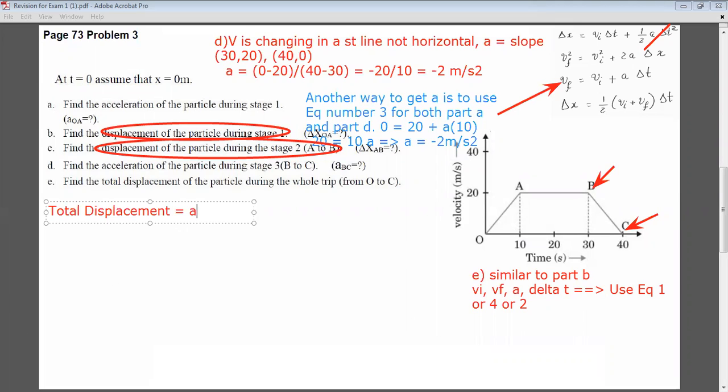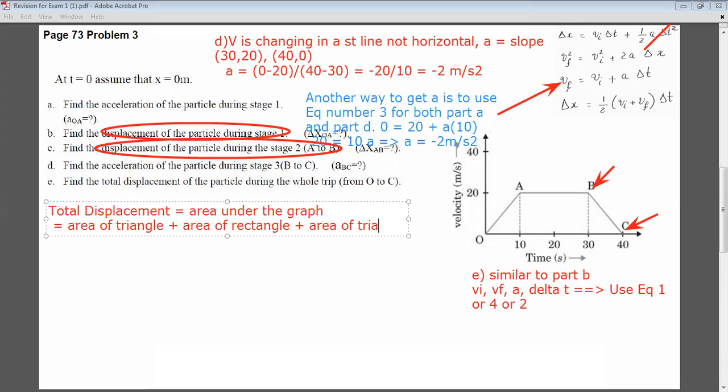Or we say it is area under the graph, and this is equal to area of triangle, plus area of rectangle, plus area of triangle.